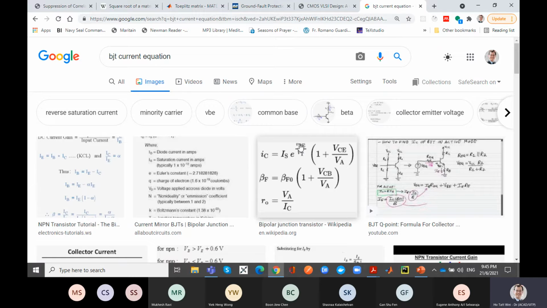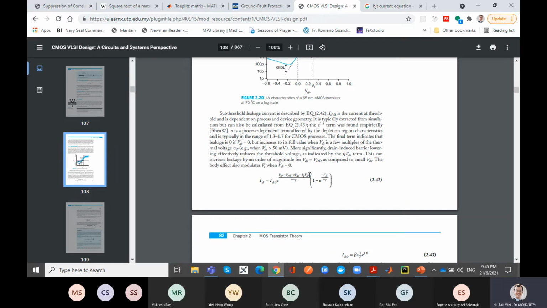You look at this term here, base to emitter voltage over the thermal voltage VT, which is kT over q, a constant. This is the bipolar junction transistor term. You stare at this, it looks the same. The only difference is there's a factor of N here.